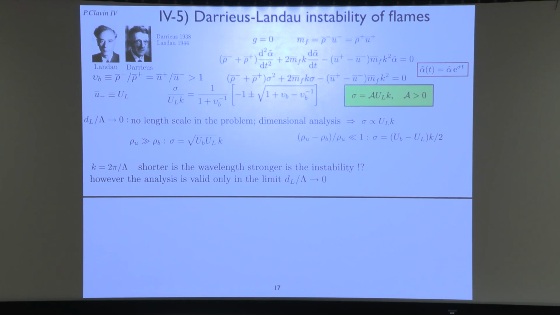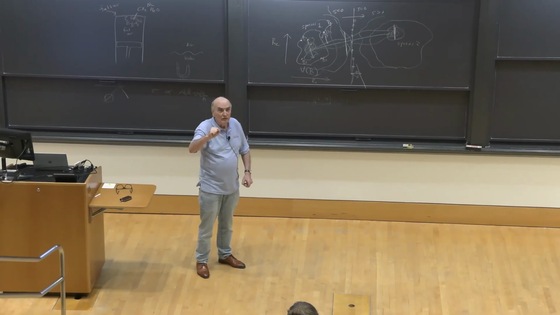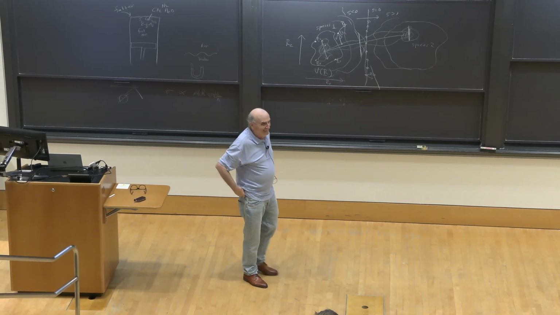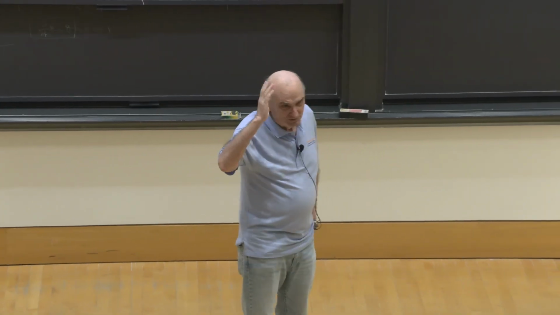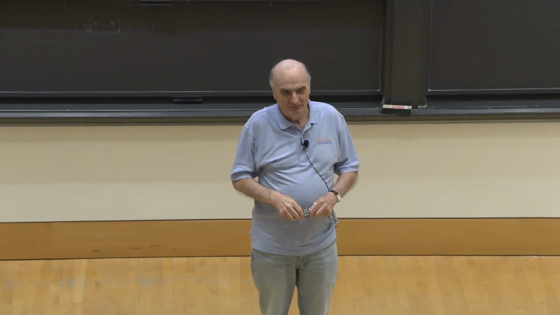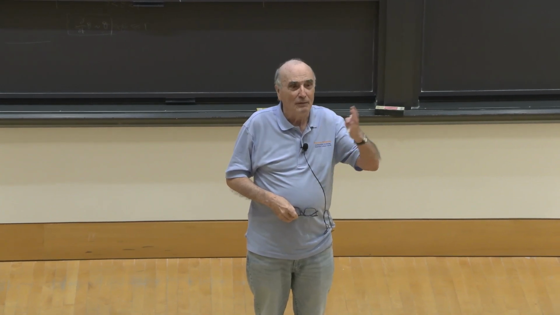Now, what is the conclusion of that? That shorter is the wavelength, stronger is the instability. This is something crazy. Smaller is the wrinkle, stronger the instability. And this is a very interesting story. Landau, this famous physicist, did that calculation after Zeldovich produced the laminar flame speed.